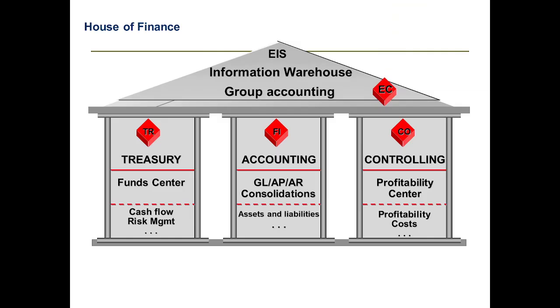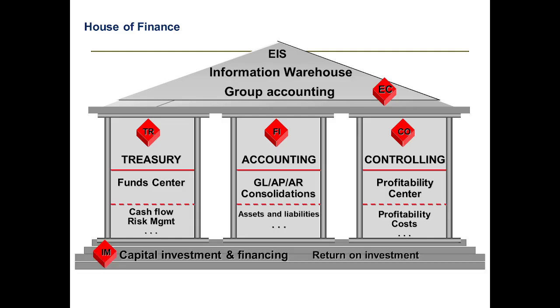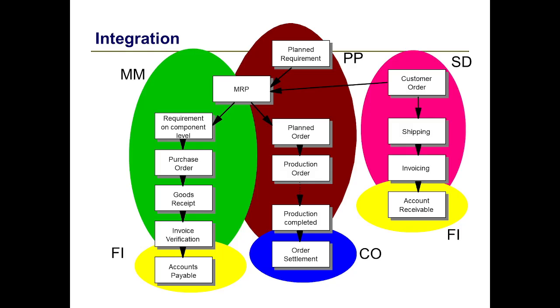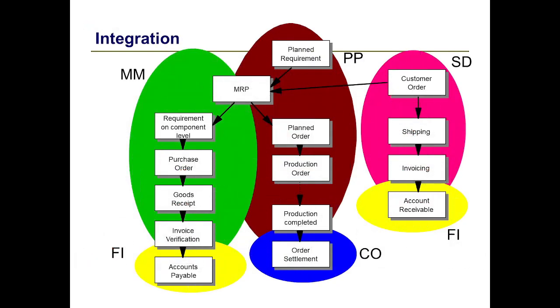Then information warehouse, group reporting. Next, capital investment, return on investment. So there are many FI integrations. Finally, the consolidated integration areas. If you look, FI is integrated with PP, SD, all modules because this is your core area.